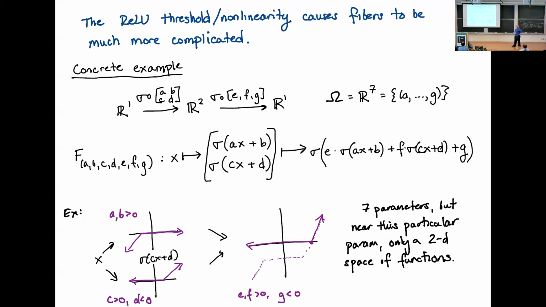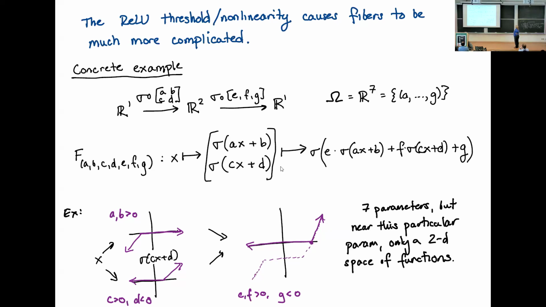So I want to work through just a couple of really simple examples. Here's a super concrete example. We're going to go from R^1 to R^2 to R^1. These are affine linear maps, specified by parameters. There are 7 of them, so my parameter space is R^7.